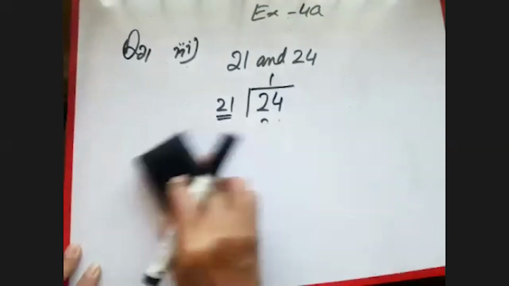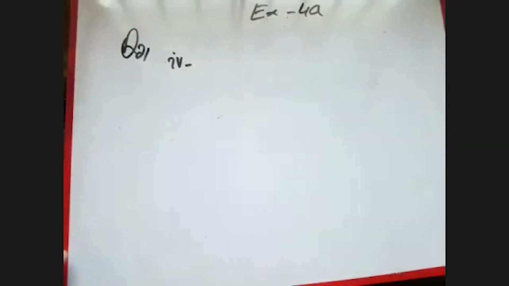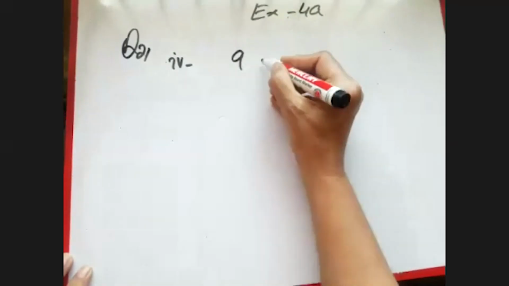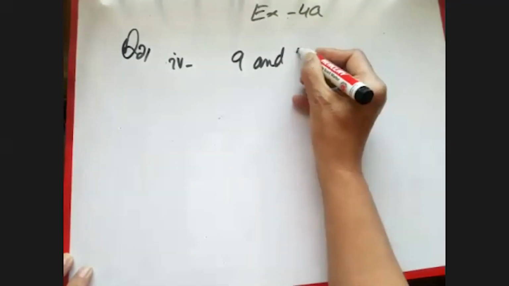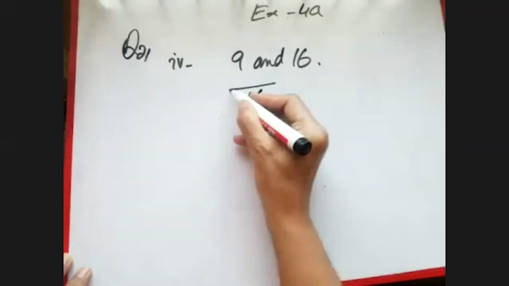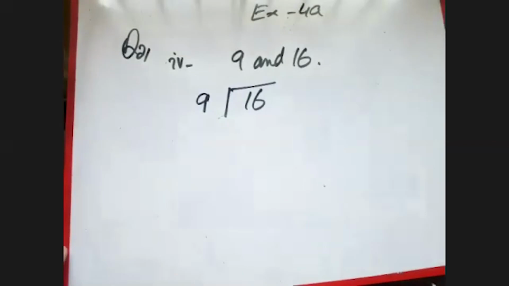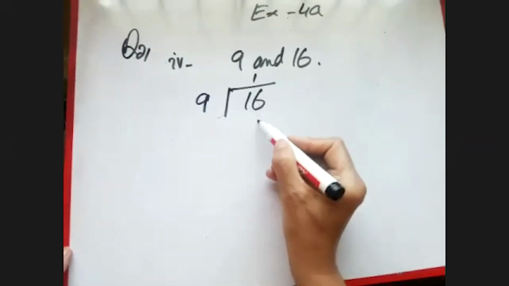Okay. The fourth part is 9 and 16. 16 is the greater number, make it your dividend. 9 is your divisor. 1 9 is 9.